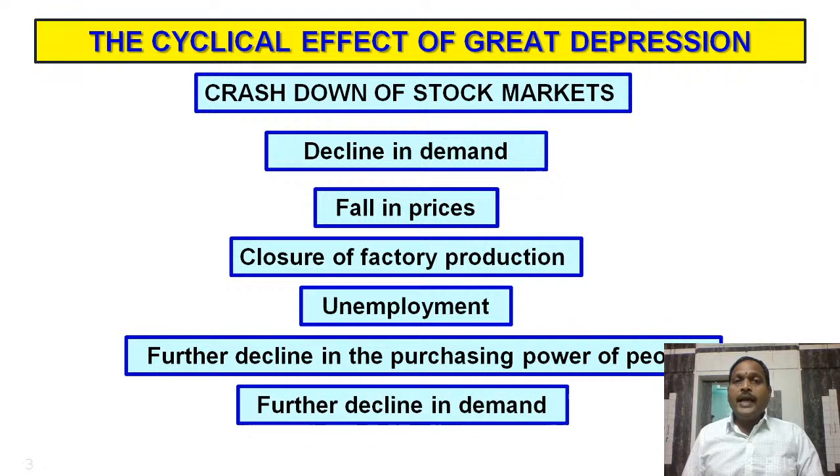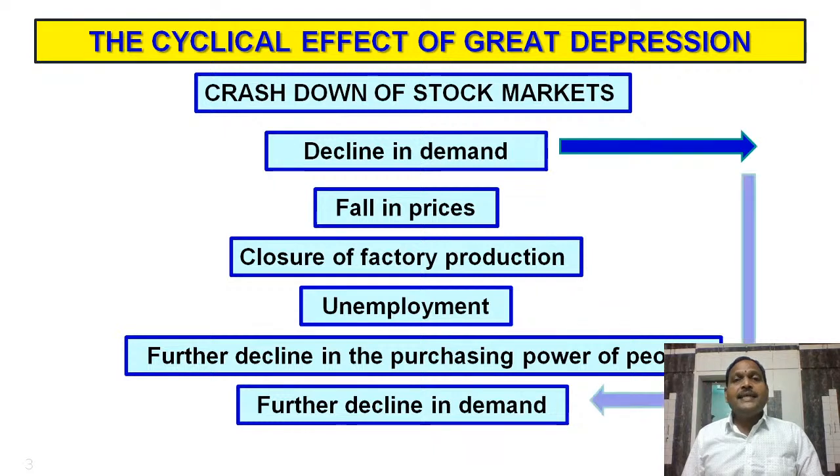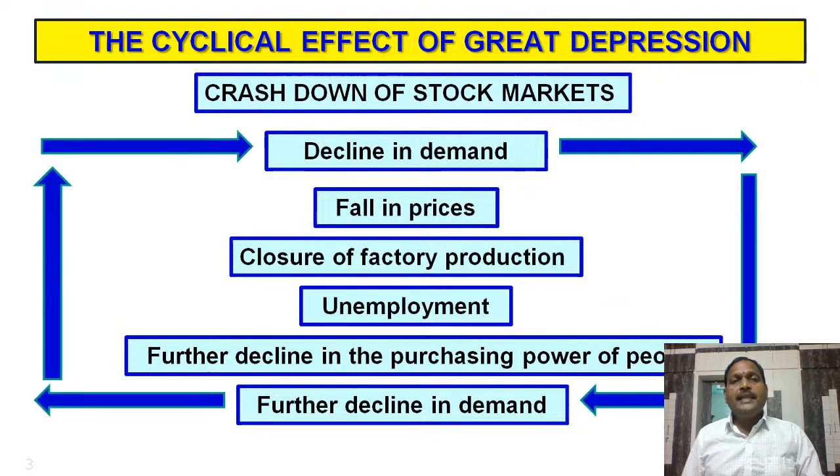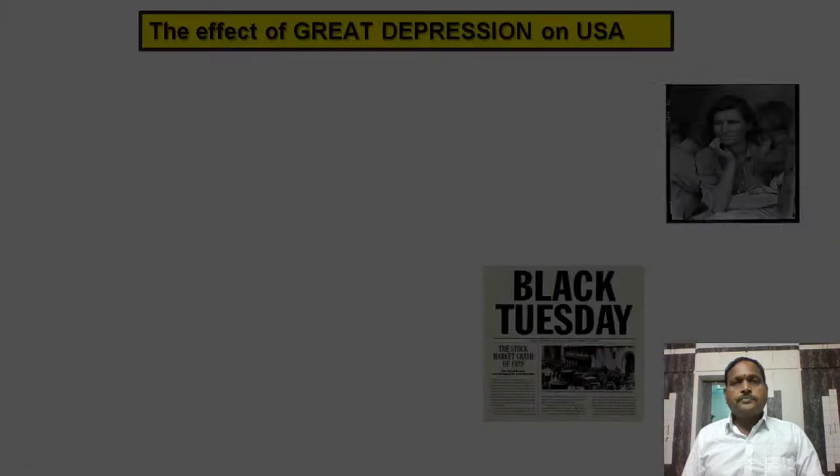It leads again to a decline of demand. So the cycle starts from the decline of demand and ends with the decline of demand. It is like this. It is a cyclical effect caused by the Great Depression.